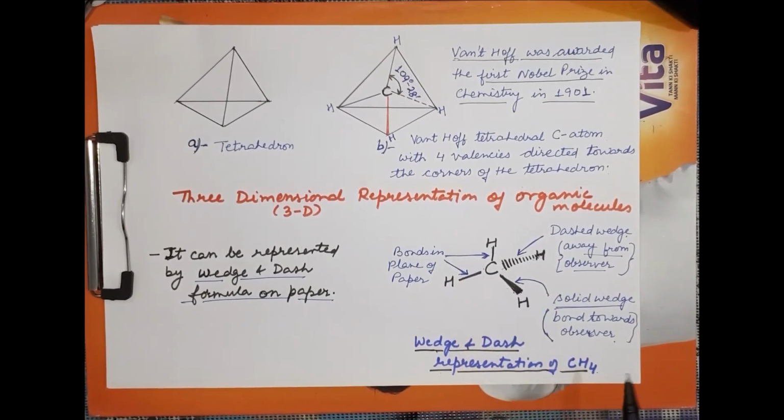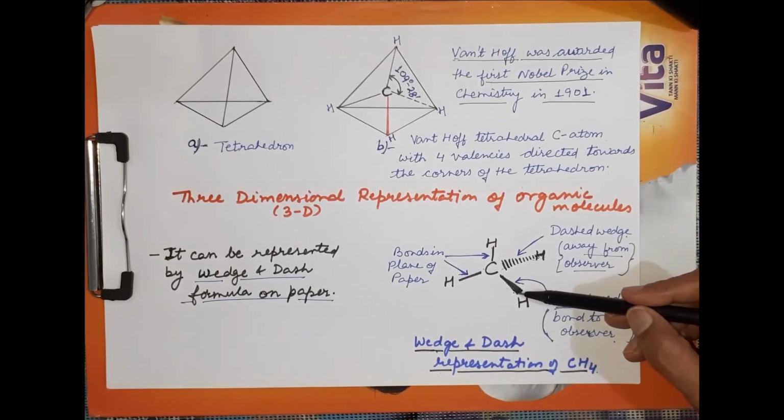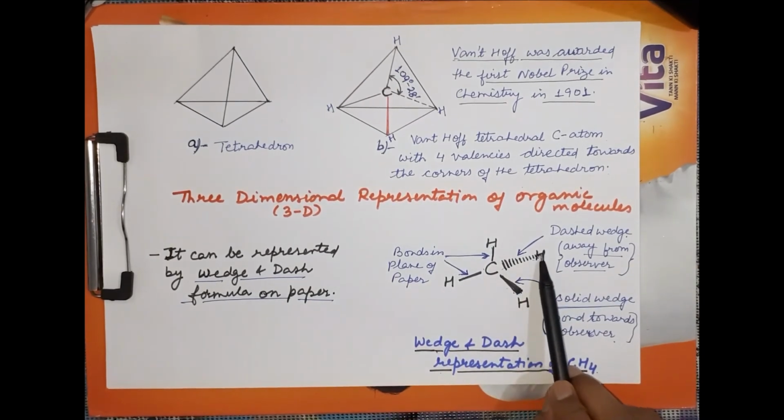Once again I will repeat. This 3D representation is done with the help of the wedge and dash formula, and here I have written it for the methane molecule. This is called the solid wedge, meaning that this bond is lying above the plane of paper towards the observer, and this dashed wedge means that this bond is lying below the plane of paper and away from the observer.